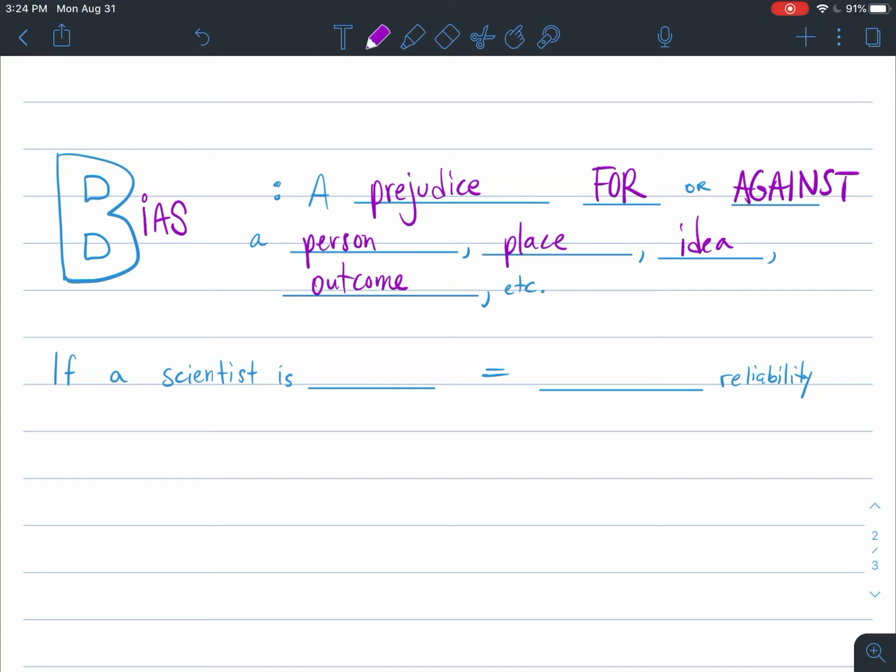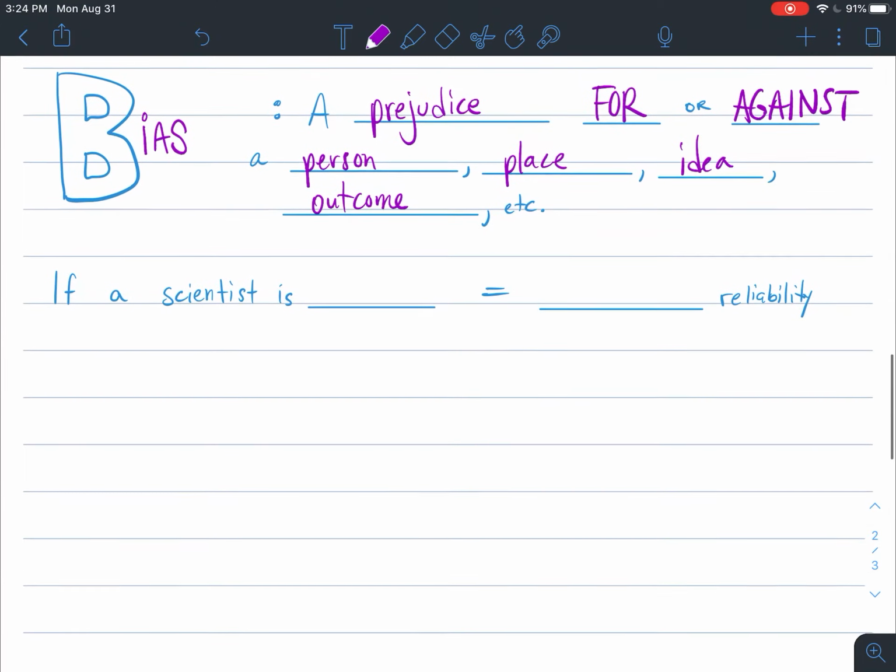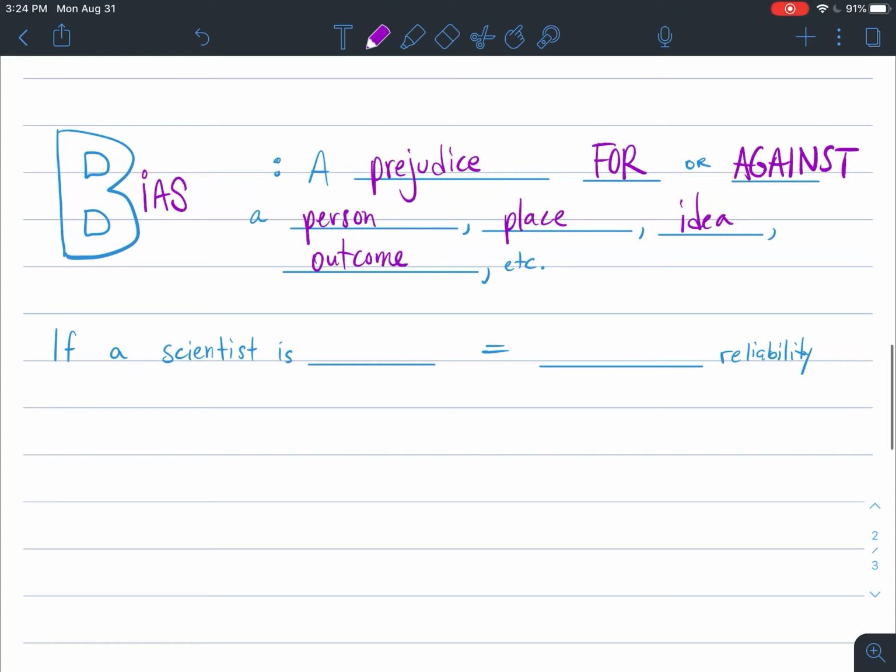Let's say the Denver Broncos are in the Super Bowl and they're getting ready to play, and I asked a Denver Broncos fan, who's going to win the Super Bowl? Well, they have a prejudice for the Denver Broncos, so they're going to tell me why they believe the Broncos are going to win the Super Bowl. But that's actually a prejudice because they already beforehand are for the Denver Broncos before the game even starts. So they're not really looking at the true facts. They're just telling you what they believe.